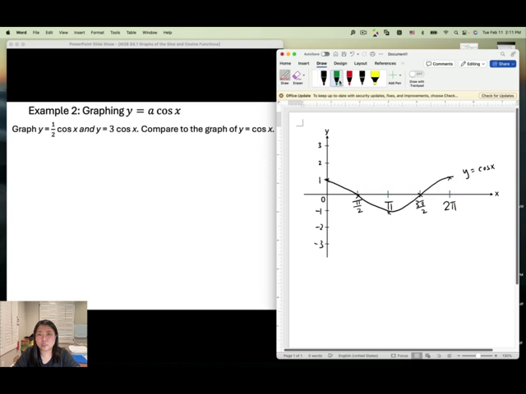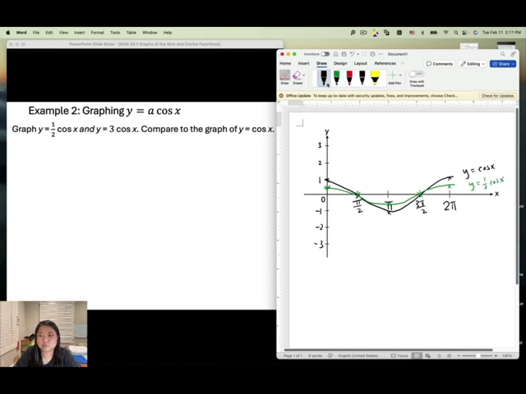Okay, right? Now, I can use the green color to graph y equal to 1/2 cosine x. So 1/2 cosine x, that will be half of it. So I'm going to do the same thing. 0 doesn't change. Here, 1/2, 1/2. So my cosine curve looks like this. Okay, y equal to 1/2 cosine x.